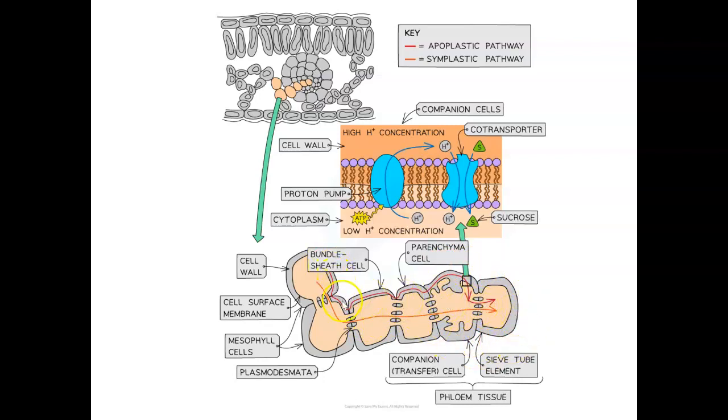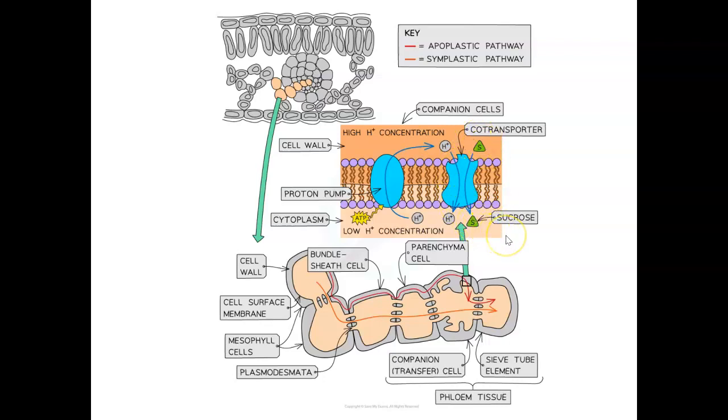Or if sucrose is moving through the apoplast, the cell walls, that process is a little more complicated and does involve active transport. We would need to use a pump to pump out the hydrogen ions. We're going to get our buildup of hydrogen ion concentration here. Hydrogen ions will come back down their concentration gradient by facilitated diffusion, and with it, they will co-transport sucrose in using the same molecule.